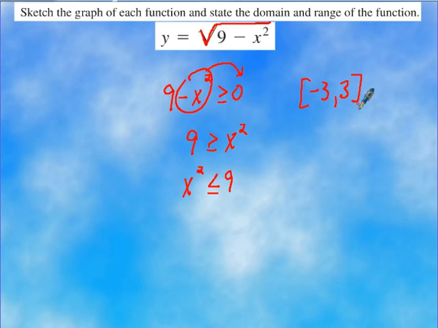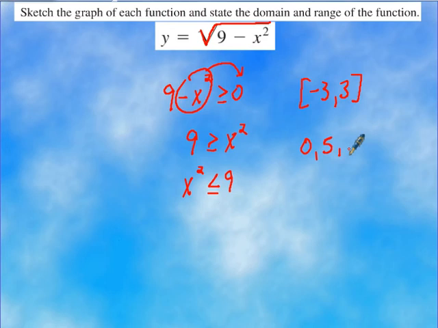This is how we used to do it. When you plug in things from -3 to +3, what do you get? Plug in -3: 9 minus 9, you get 0. Plug in -2, you get 9 minus 4, which is 5.